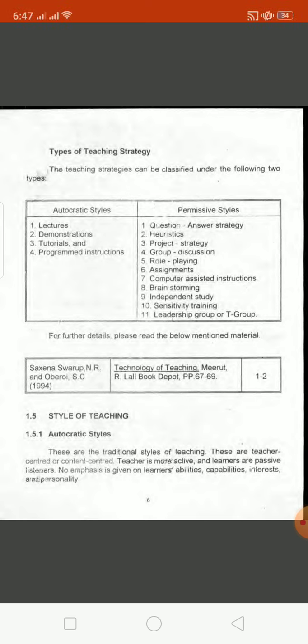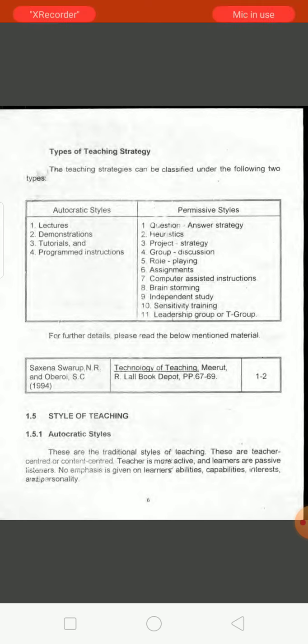So number one is lecture method. We had discussed the lecture method in detail in the earlier lectures. So keep in mind, every style of teaching will have some basic principles, and then there will be some specific advantages, and obviously after advantages there may be some shortcomings or demerits of that method as well.